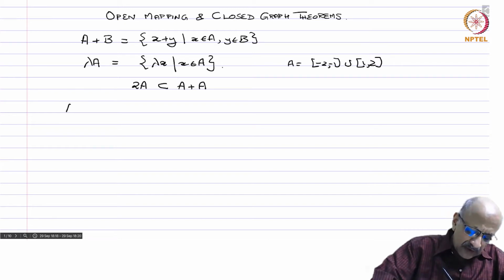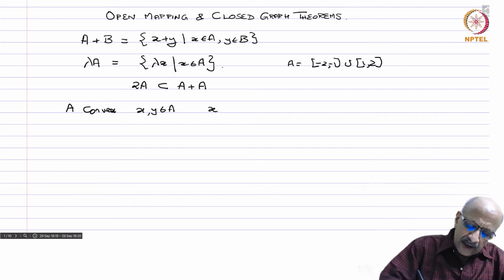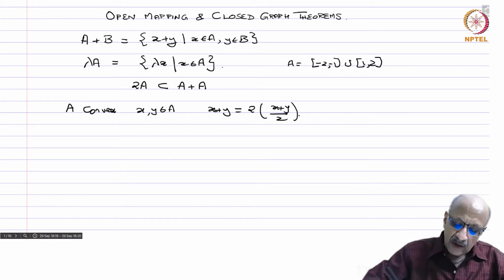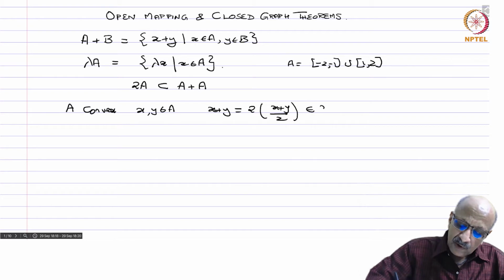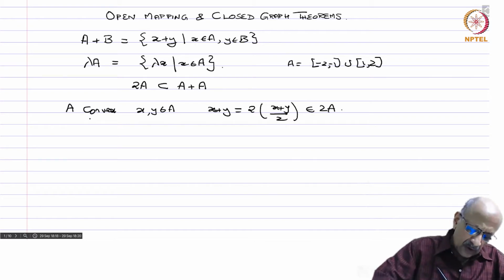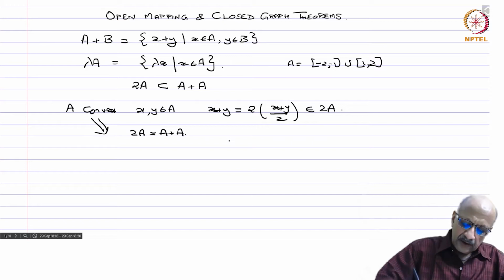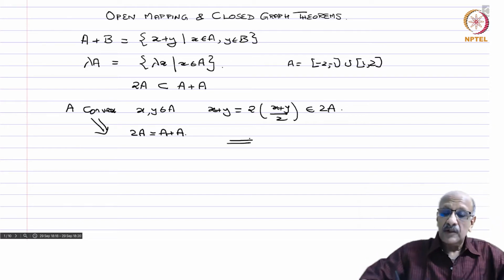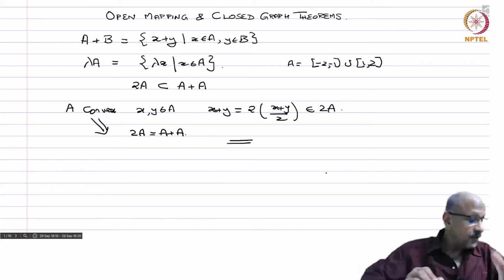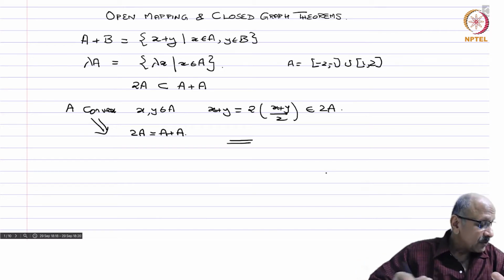But if A is convex, and if you have x and y in A, then you can write x plus y as twice (x plus y) by 2, and A being convex, (x plus y) by 2 belongs to A, so this belongs to 2A. Therefore, if A is convex, 2A is the same as A plus A. Okay, so this is some notation which we will need in the proof of the open mapping theorem, which we are going to do now.